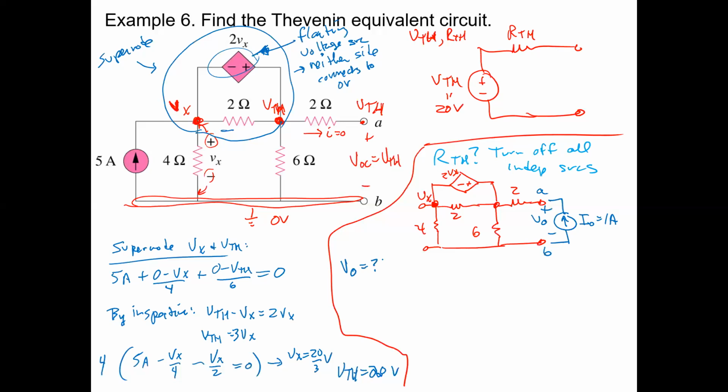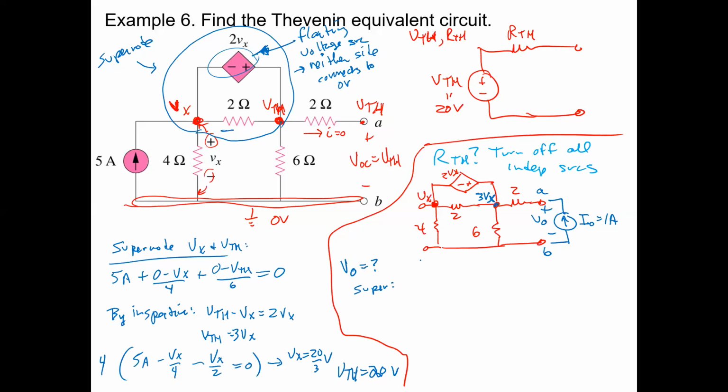Again, we have that supernode deal. We still have this constraint that 2Vx has to be this node minus that node. So this node really still has to be 3Vx, don't you agree? Because 3Vx minus Vx is still 2Vx. That still has to stay the same for that dependent source to work right.